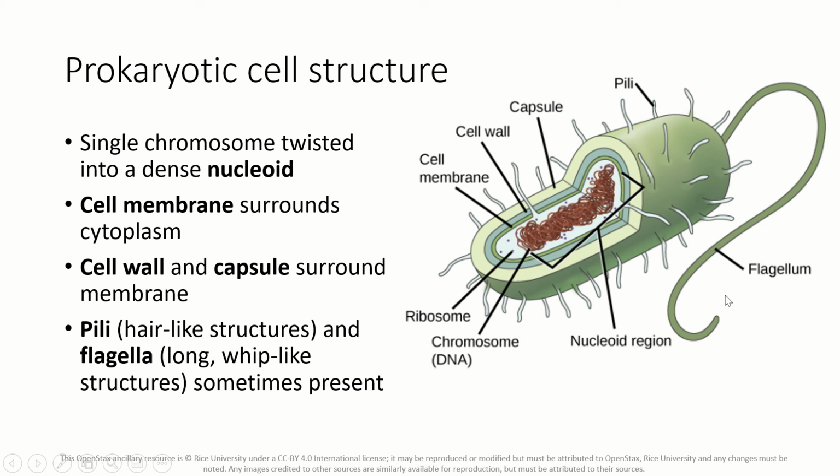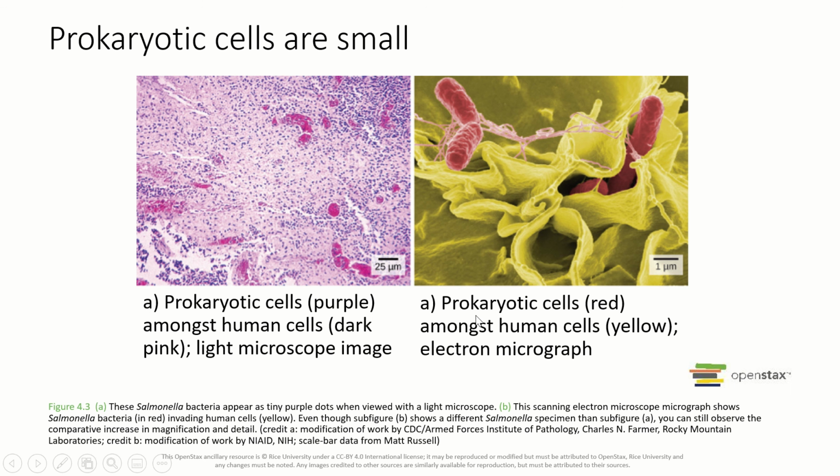Flagellum is the singular, flagella is plural. Okay, so there may be multiple flagella, or there may be a single flagellum. Got it? So those are the things we tend to see in prokaryotic cells. There may be pili, there may be flagella, there may not be. Okay, it depends from one type of bacterium to another.